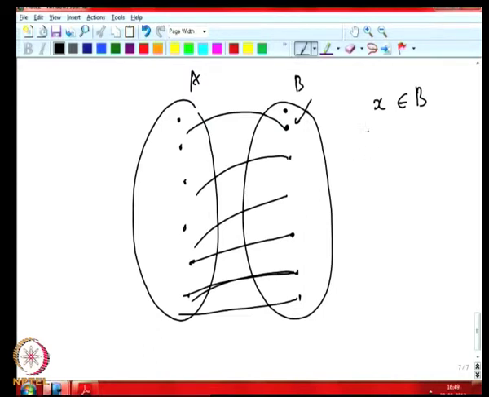So if we consider the set of f of y's, y an element of A, there will be no x in B that is missing from this set. There will be a pre-image for x in this. So this is what an onto function is.